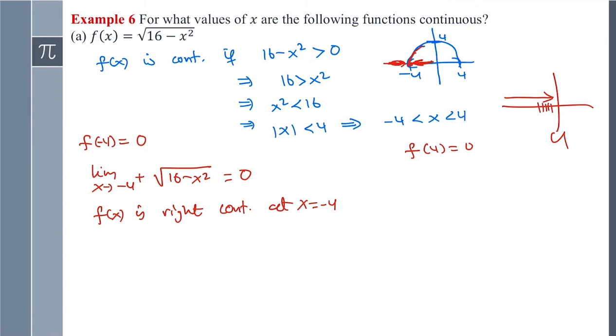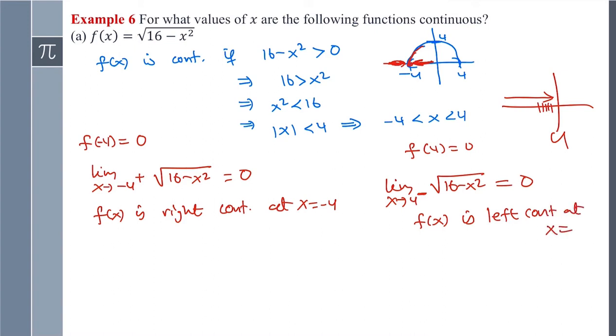So when we plug it in, the limit as x approaches 4 from the left of the square root of 16 minus x squared is 0. So the value of the function is the same as the limit. So f of x is left continuous at x equals 4. That means f of x is continuous on the closed interval from -4 to 4, because this is right continuous and this is left continuous.